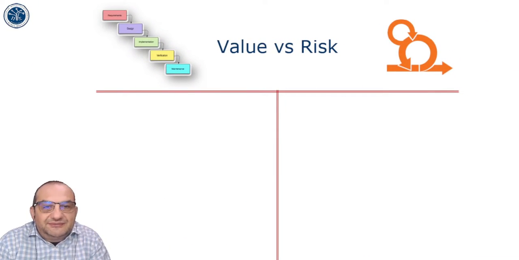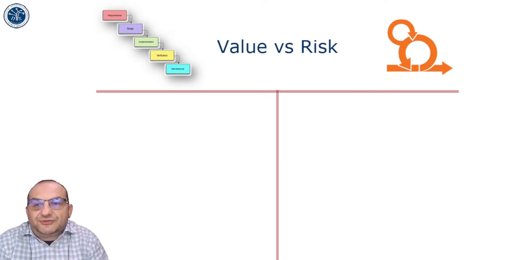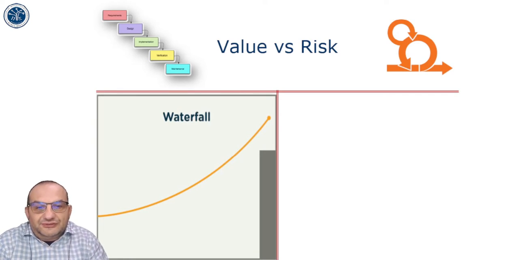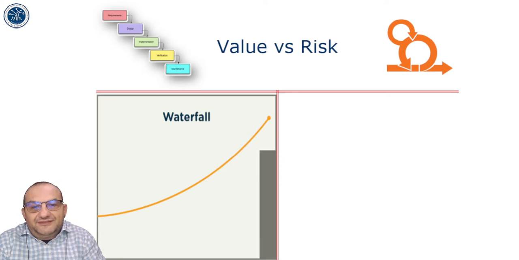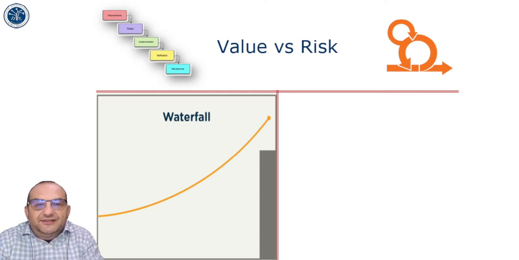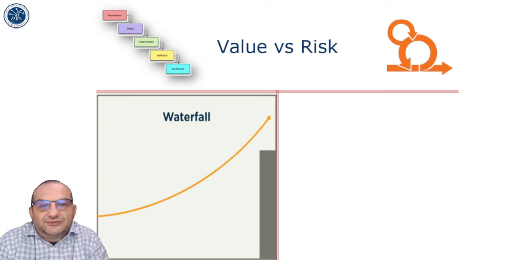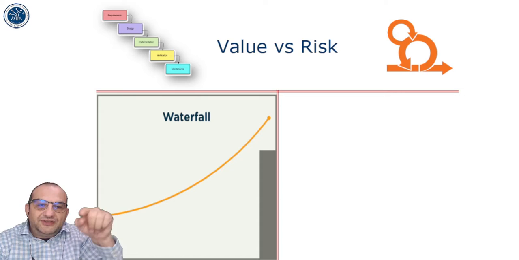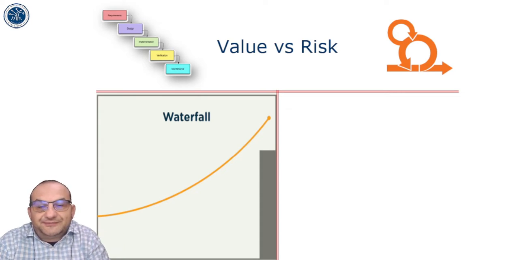I would like to discuss value and risk, the approach on value and the approach on risk in both methodologies. So on the left side, we have an image of what happens in a waterfall context, where that gray rectangle represents the value we deliver to the customer, and that orange curve represents the risk.